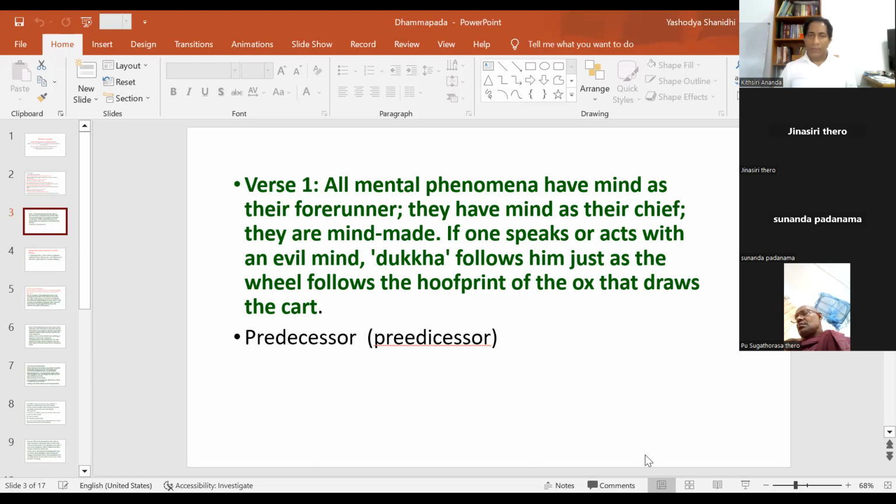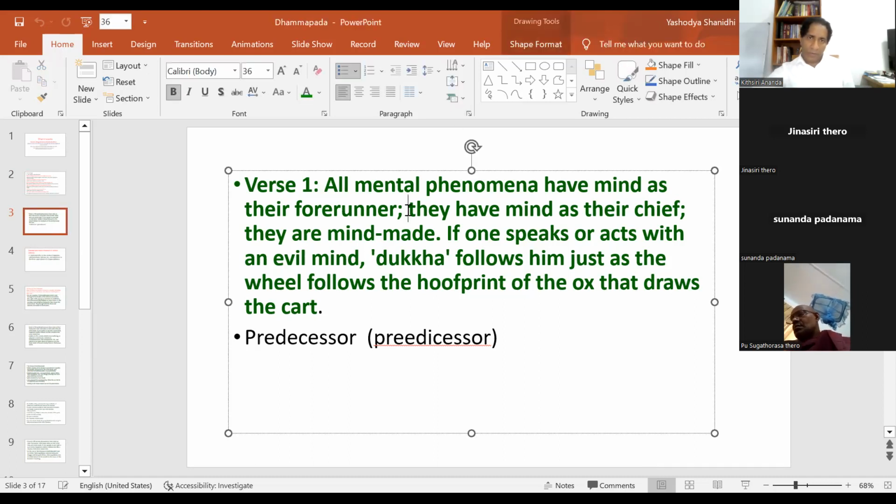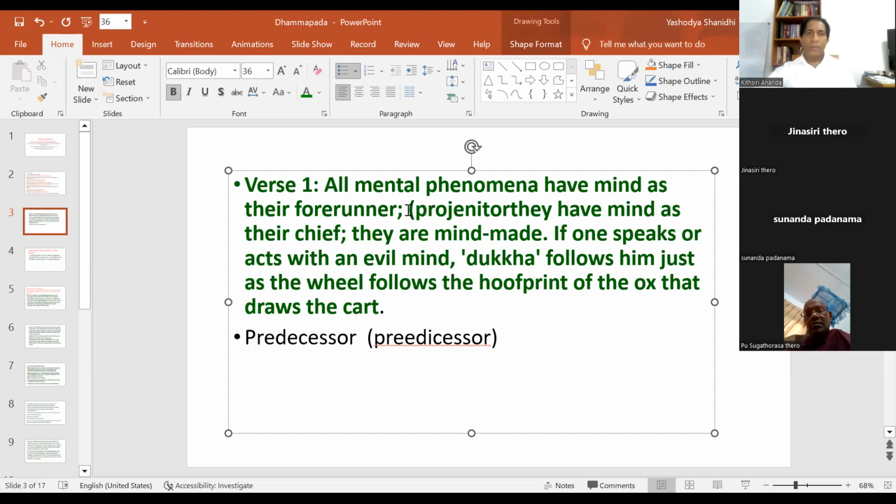Sometimes forerunner is translated as progenitor. All mental phenomena have mind as their progenitor. They have mind as their chief. They are mind-made, manomaya.